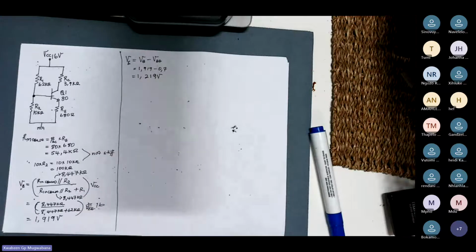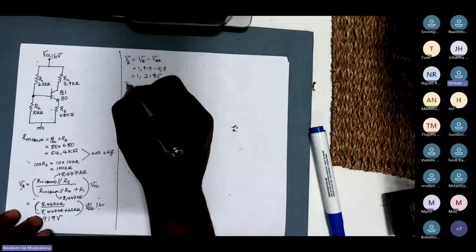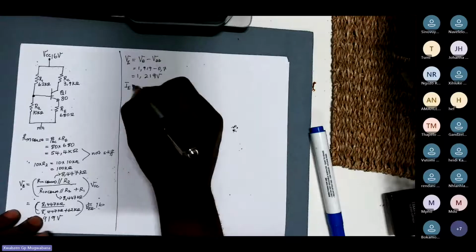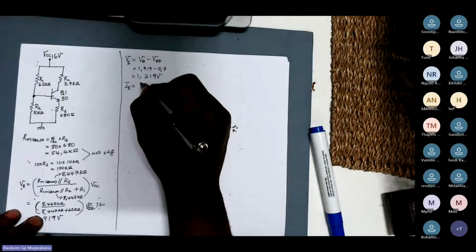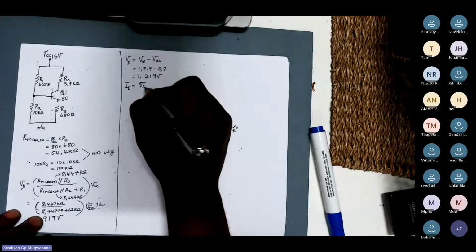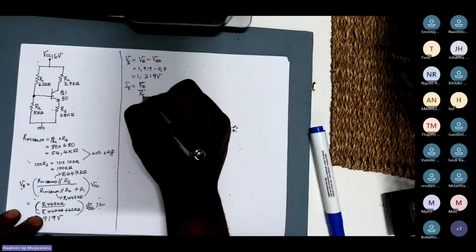After VE, what must we calculate? IE. Okay, now we calculate IE. IE will be your VE over RE.